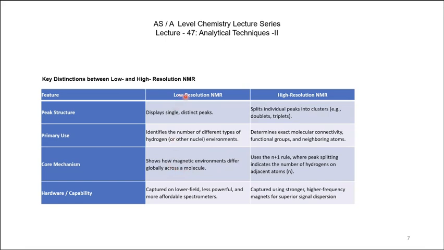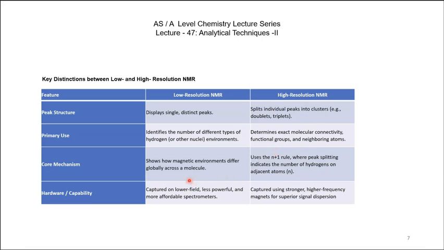That is what we get in low resolution. But in high resolution, we use the n+1 rule for peak splitting, which indicates the number of hydrogens on the adjacent atom. Let's say we have an X atom and the Y atom is the adjacent atom. How many hydrogens are there? We can also see that in high resolution NMR.